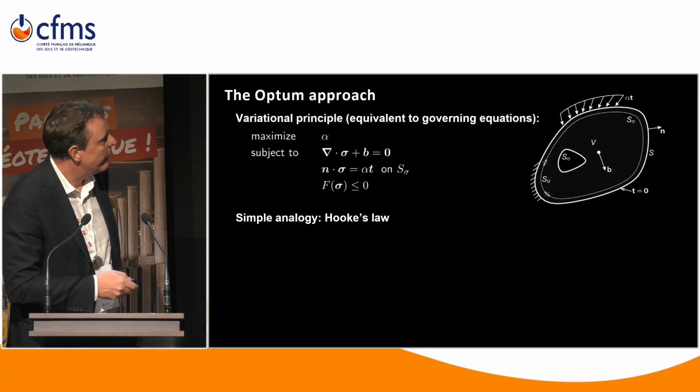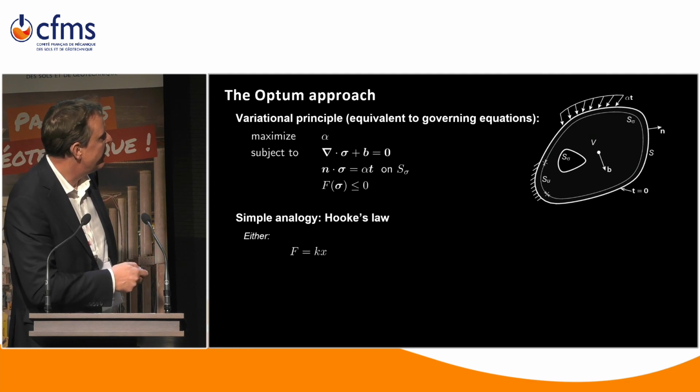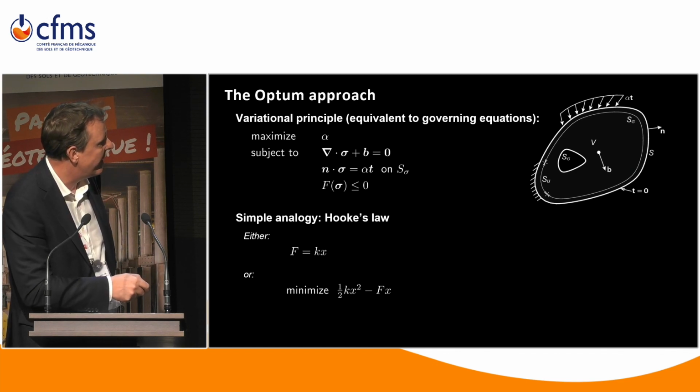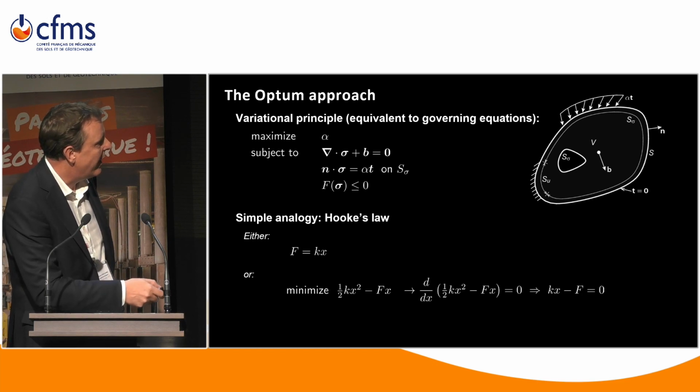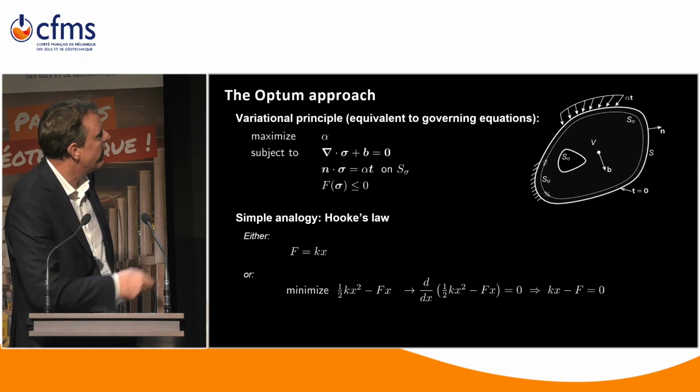And just to emphasize that, a simple analogy: Hooke's law, that's F equal to Kx. That's one possible formulation. Or you could formulate it as minimizing 1/2 Kx squared minus Fx, because how do we minimize anything? We differentiate and set equal to 0, and that produces Hooke's law. So it's the same thing.